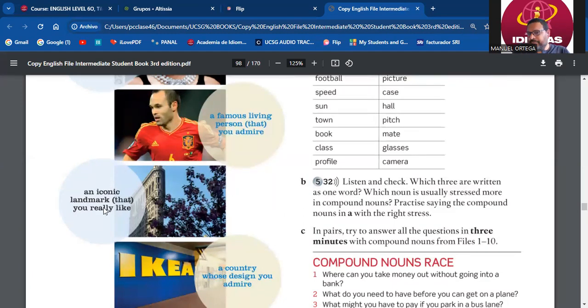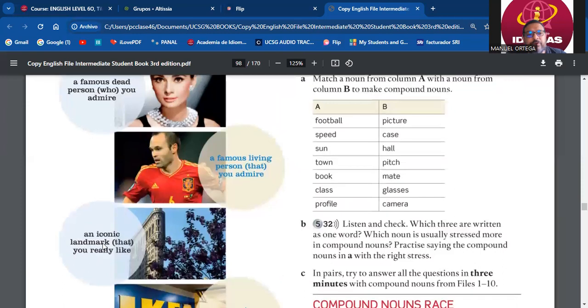The Eiffel Tower, the London Eye, the Bridge of London, Machu Picchu here in our region. Those elements constructed by man that are super iconic, super famous in the world. So that refers to a landmark.